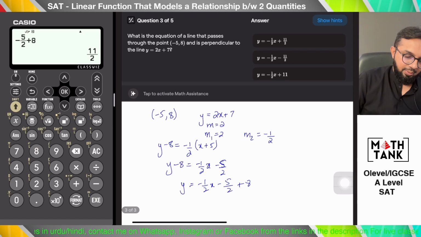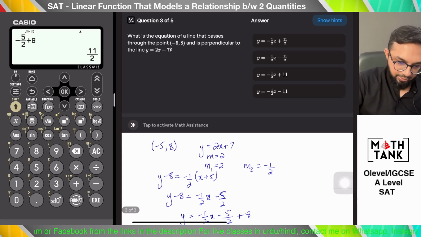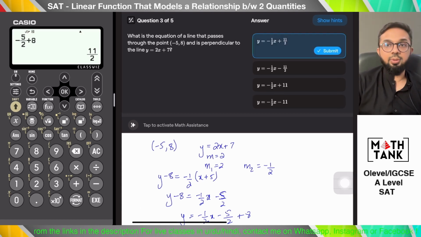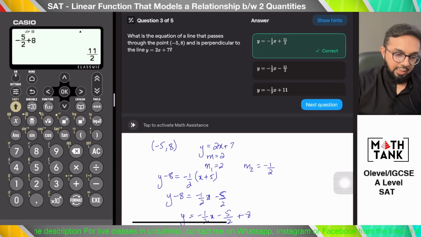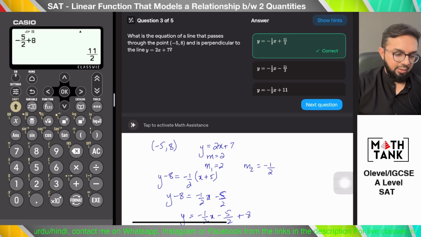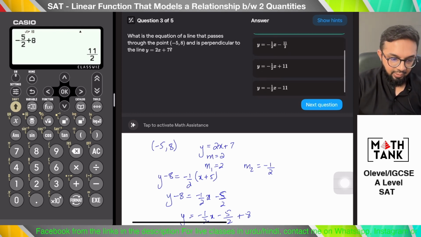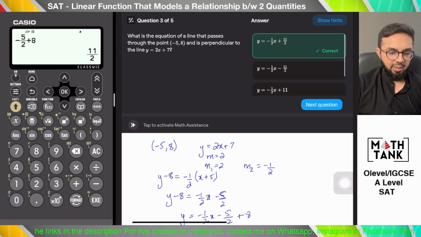It's 11 over 2. So I get minus half x plus 11 over 2. Is that one of the answer options? Yes, that's the best answer option that I have there. So I write that. I could also do this question by plugging in the point and seeing which one gives you the correct answer out of all four, because all four have the gradient minus half.